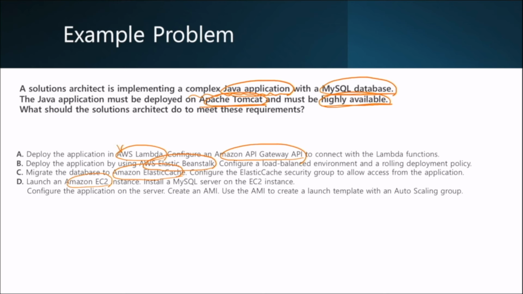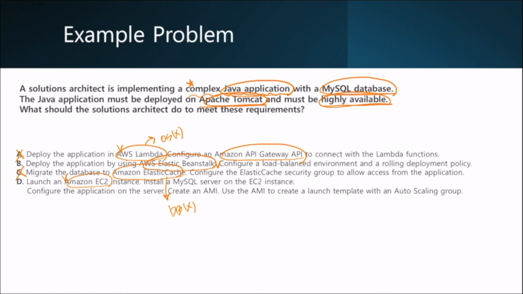Now for AWS Lambda, according to answer A, it is in connection with OS, which is not what we want. As for C, Amazon Elastic Cache is going to be in relation to DB, which is not what we want. But we look at AWS Elastic Beanstalk and answer B. It is a complex Java application. That's what we're trying to implement, right?